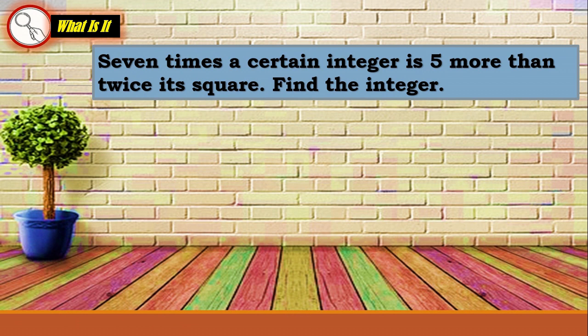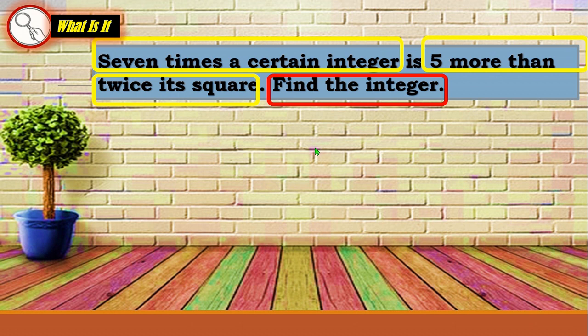This is our second example. Now again, let us read and understand. 7 times a certain integer is 5 more than twice its square. Find the integer. This time, we look for an integer which, when multiplied by 7, is equal to 5 more than twice its square.